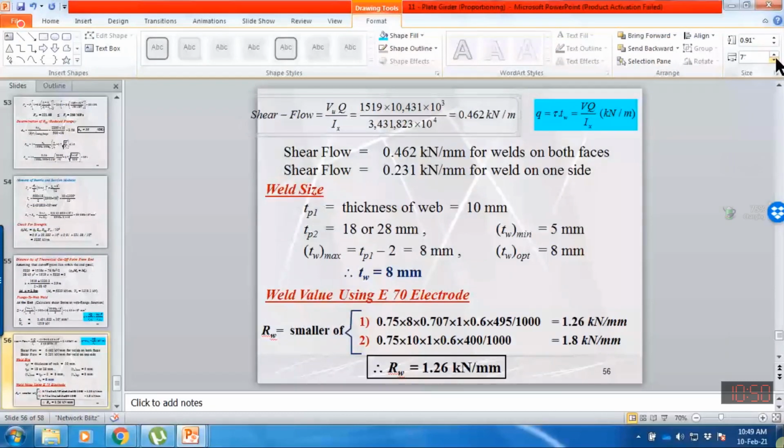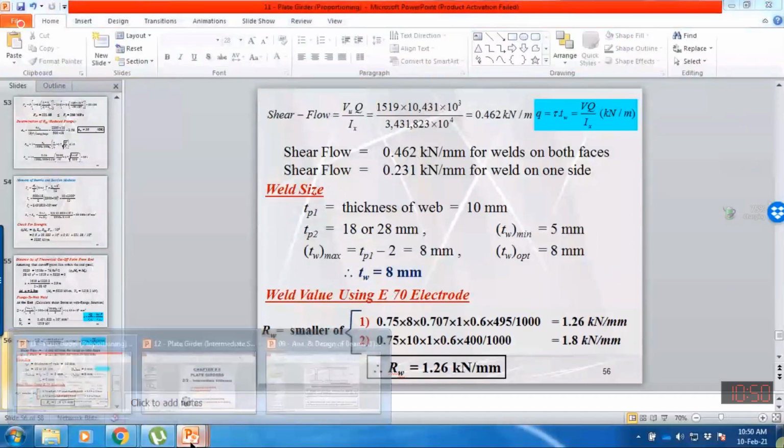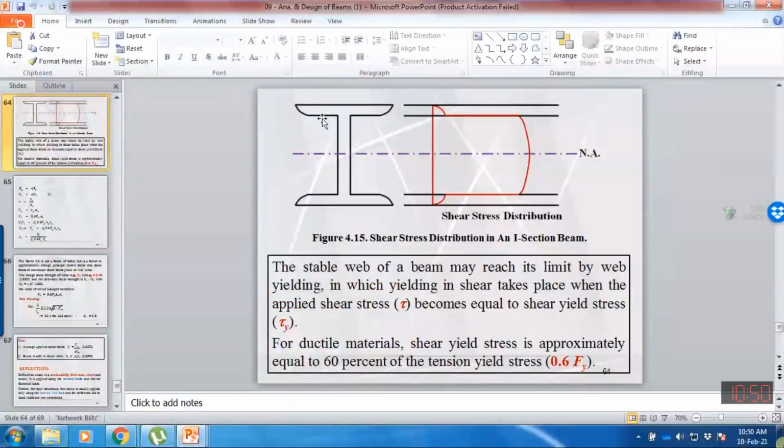It means that that is the total shear flow, or force acting per unit length, acting at the junction here. We are welding on both sides, so our weld should resist this shear flow. One weld resists half the shear flow, and the two welds together resist the total shear flow.